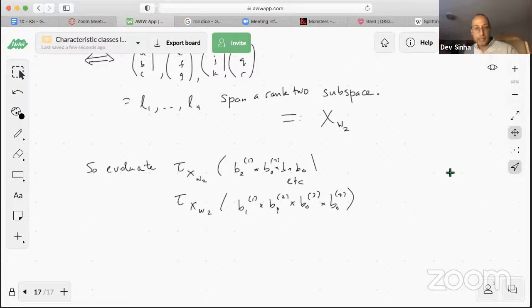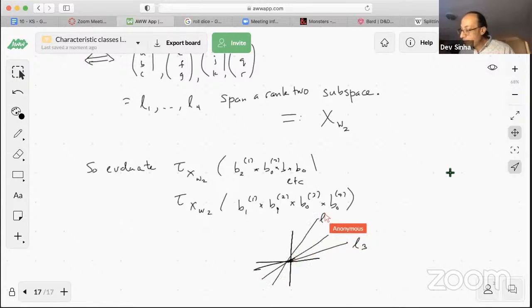This is happening, I think, in an R3. Once again, that's some arguing that we need to do. So we have L3 is fixed. L4 is fixed. I'm thinking of them as generic. They span some subspace. L1 and L2 are able to move around in one dimension.